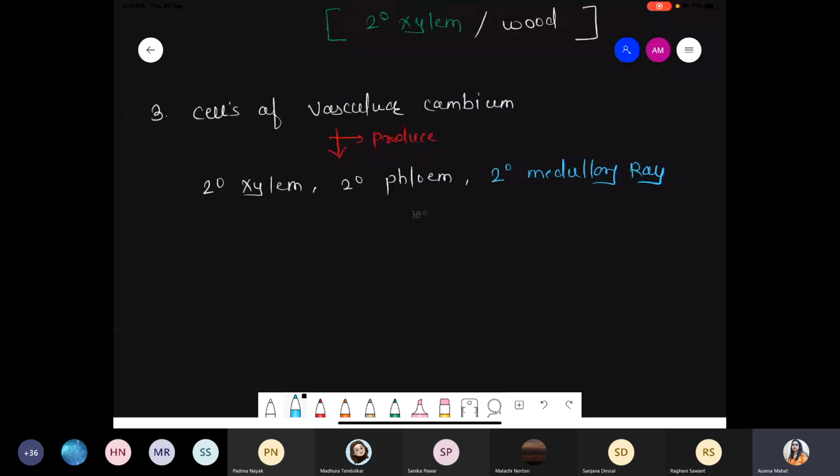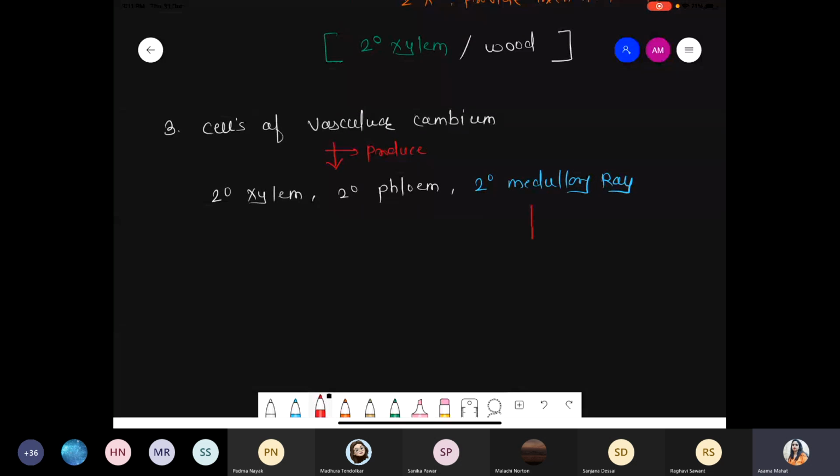But the secondary medullary rays are responsible for radial conduction of water, food and gases.